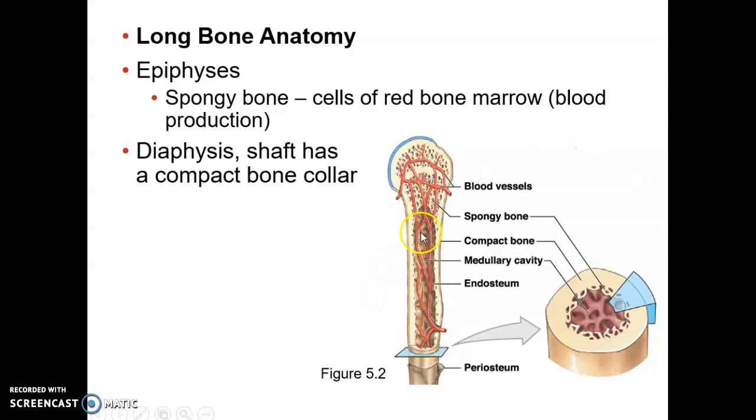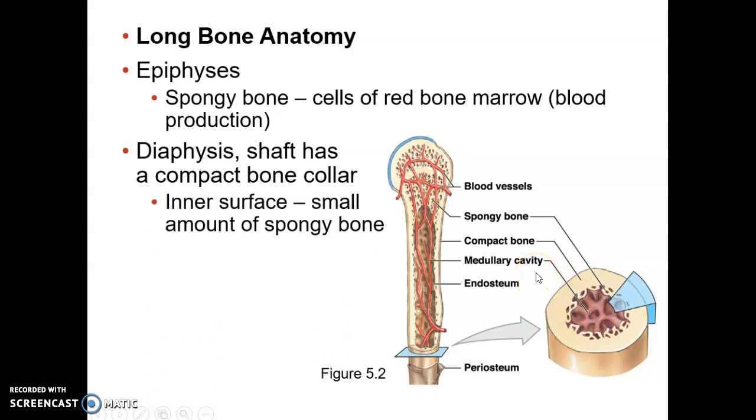Within the diaphysis or shaft, there is an external collar of compact bone, surrounding the central space called the medullary cavity. And there's a relatively thin region on the inner surface of the diaphysis, a relatively narrow or thin area of compact bone.